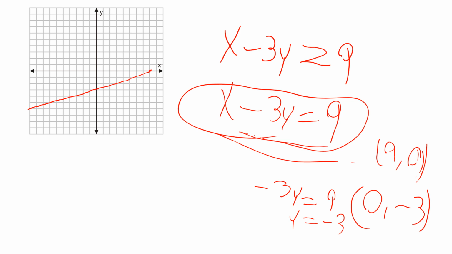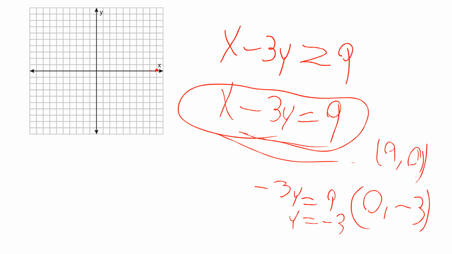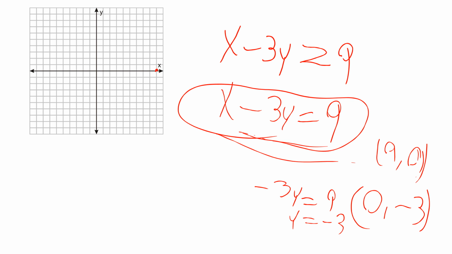This point is going to be right here, and this point right here, and then the line will go right over here.